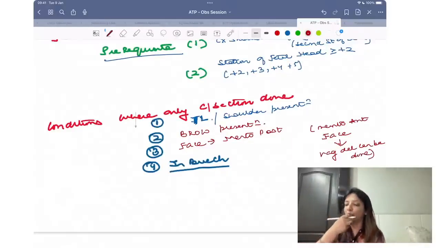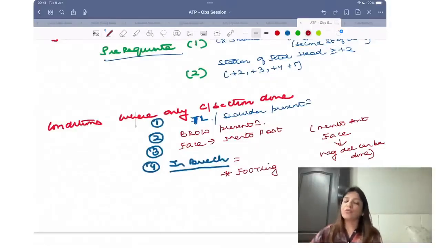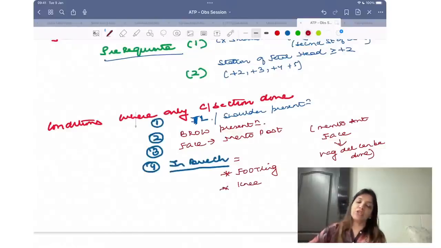Only in mento posterior you have to go for cesarean section. Then in breech, if it is a footling presentation, then you have to do cesarean section. If it is a knee presentation, then you have to do cesarean section.